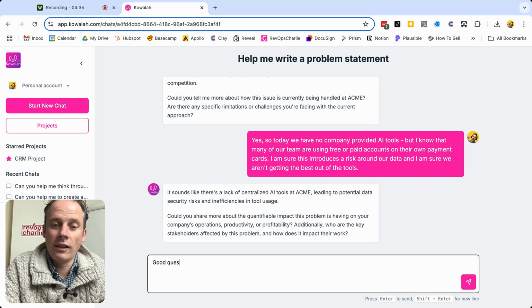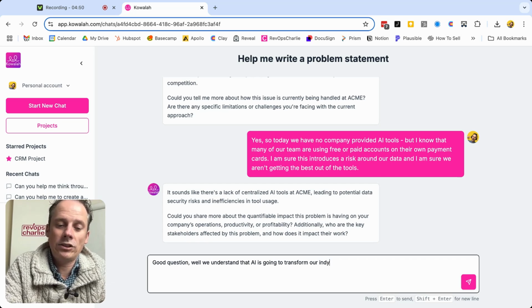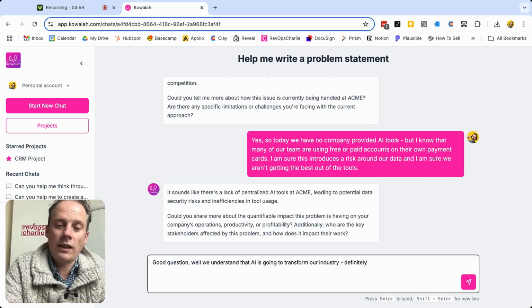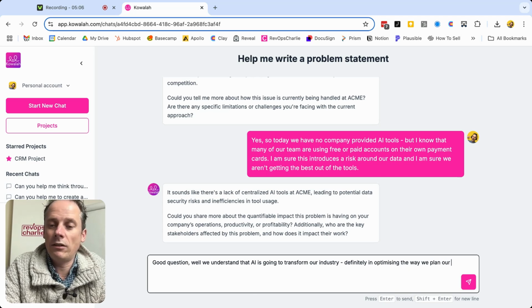Good question. Well, we understand that AI is going to transform our industry. Definitely in optimizing the way we plan our routes.